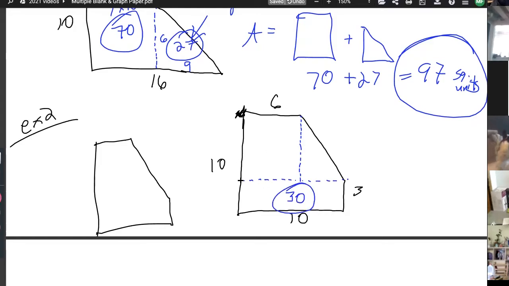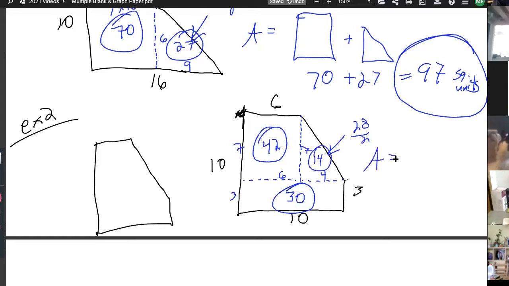Okay, now what are the dimensions here? This is not 10. So if this is 3, this has to be 7. So this is 6 times 7, which is 42. Everyone okay with that? All right, so this is a 7 by, let's see, if this whole thing is 10 and this is 6, that means this has to be 4, and that's 7. So that's 28 divided by 2, which is 14.